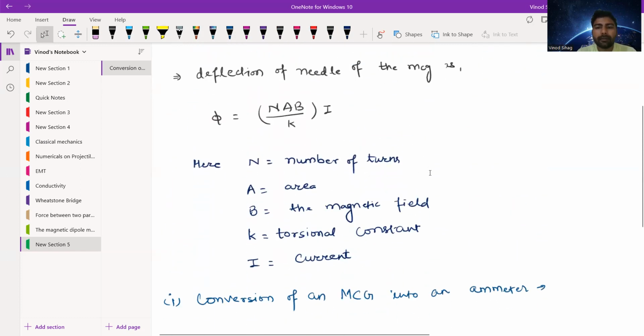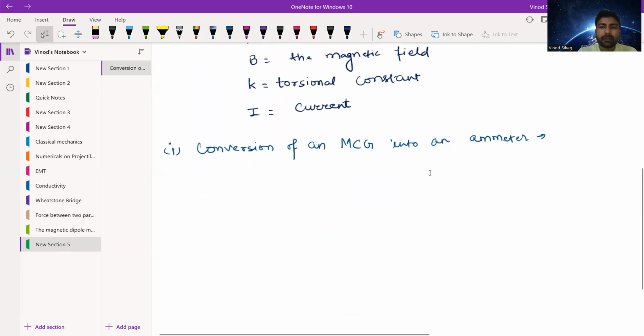We know that an ideal ammeter has zero resistance. Here we cannot obtain the ideal ammeter, but we can go to an approximate value, so that it will act like an ammeter with very small resistance. So we have to convert the MCG such that it has very small resistance, near to zero.